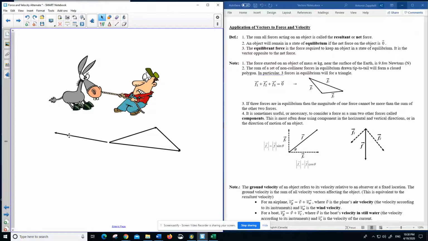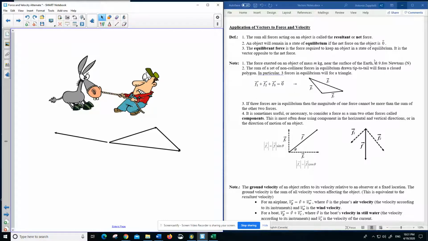Now, one of the forces that often acts on an object is the force due to gravity. So the force of being pulled down towards the earth, but very often that's not the information that's given to you. Often they'll give you the mass of the object, and as long as you're near the surface of the earth, you can calculate that force using the formula 9.8 times the mass.